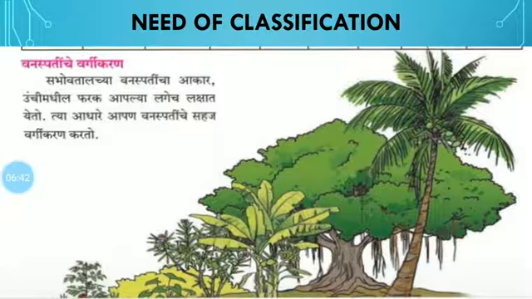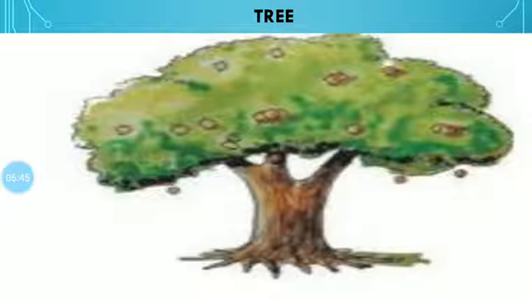Some plants grow tall. Their stem or trunk is hard and strong. They have branches at some height above the ground. These are the similarities between mango, banyan and tamarind tree.